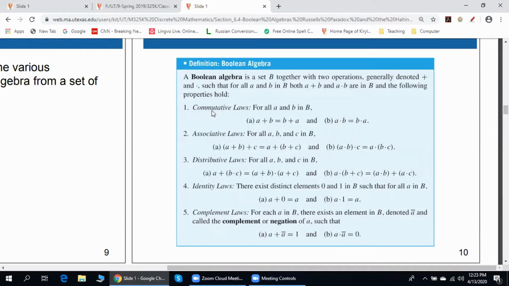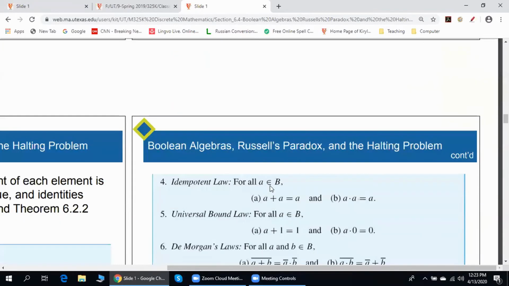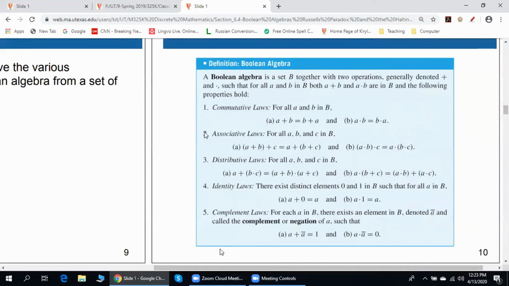Number one, commutative laws. Number two, associative laws. Number three, distributive laws, identity laws, complement laws. So here we have 5 laws.